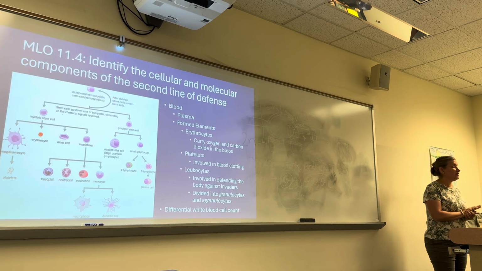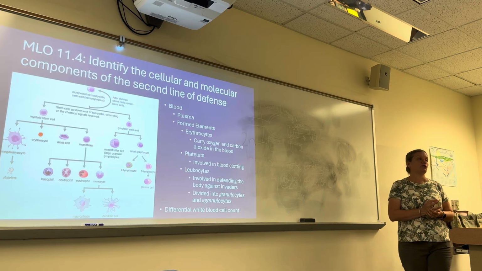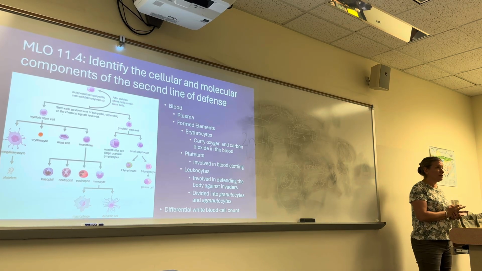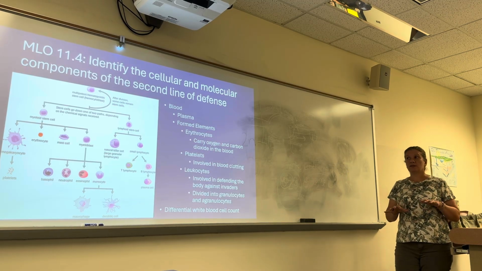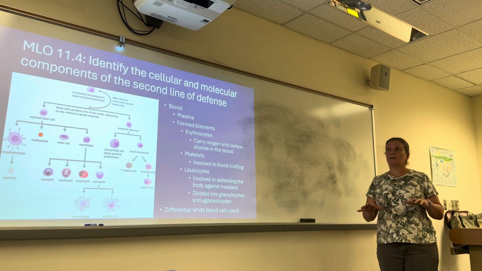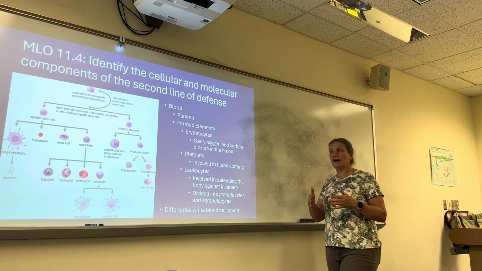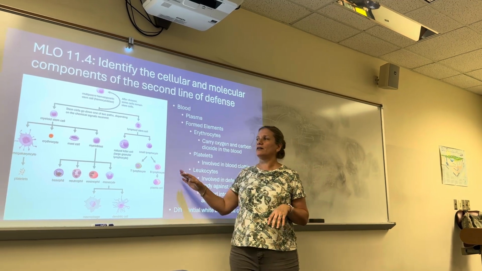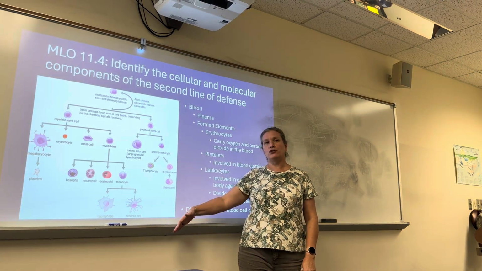And if you see an increase of lymphocytes, okay, that usually indicates a viral infection. Okay, so the counts of these white blood cells and which ones you have more of can give you an indication as to which type of disease or what type of pathogen you might be looking at.